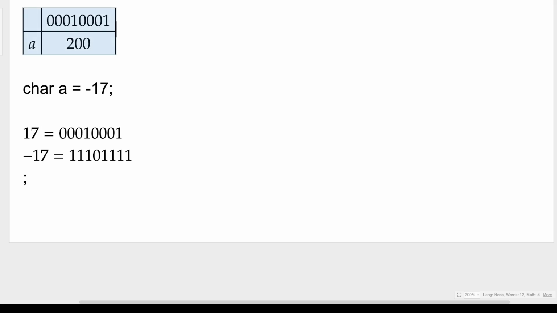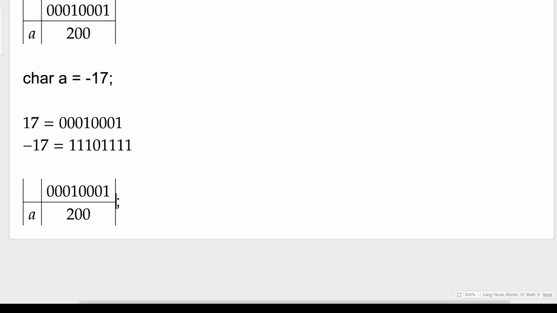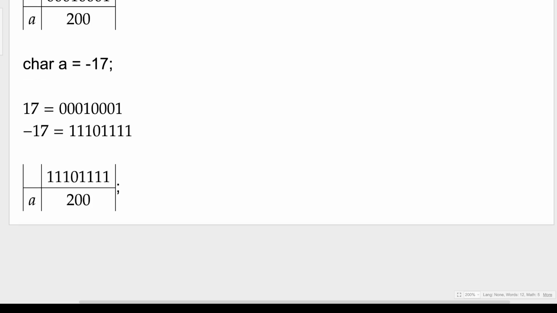So in memory, let us say if variable a has the address, let's say 200 itself, the memory of 1 byte will appear like this. So this is the memory storage for 2's complement number, right? So now this is the idea.